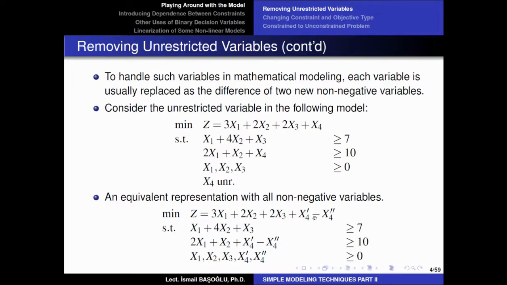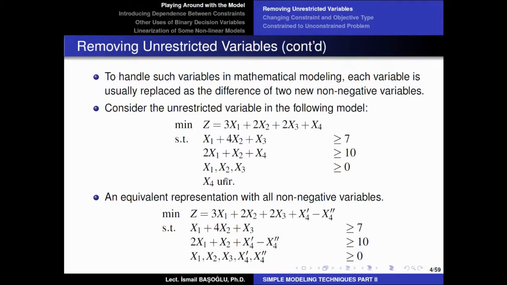Both of these decision variables are going to be non-negative. However, because we are not putting any restriction between these two variables, whichever is going to be larger than the other, it is free to choose. Therefore, in the end, the difference here can either be negative or positive or 0.